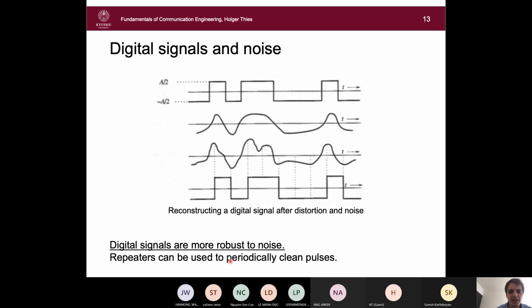So we can reconstruct the signal at some short distance and use repeaters to send the signal again. Repeaters means we take in the changed signal, reconstruct the digital signal, and then send it out again. So we will always have only little change between repeaters.